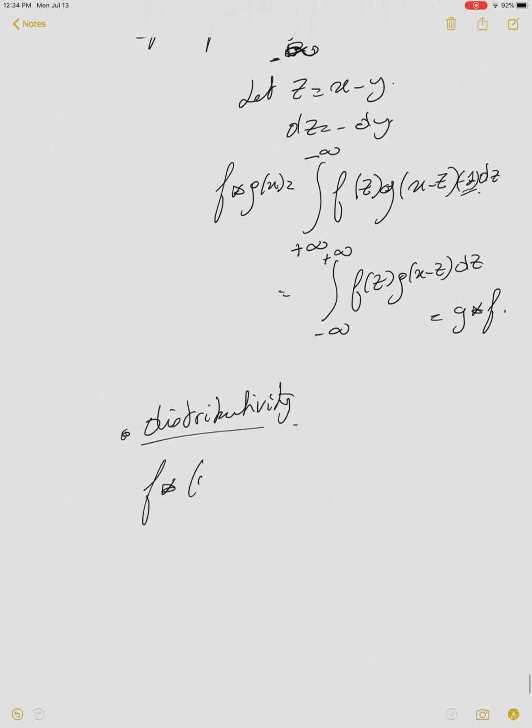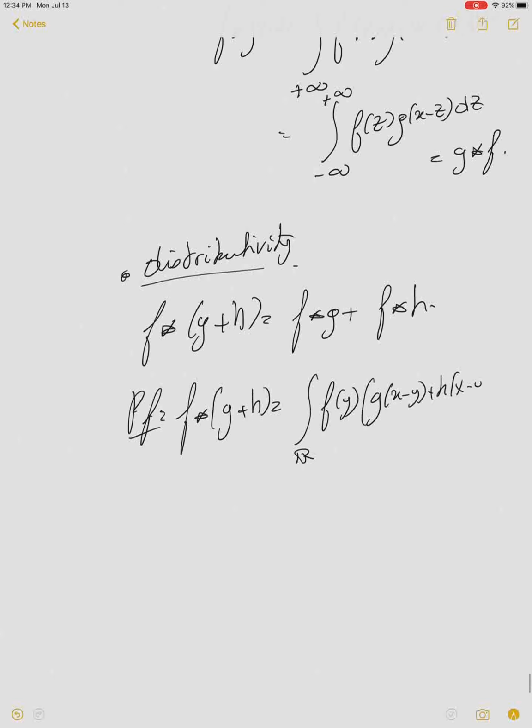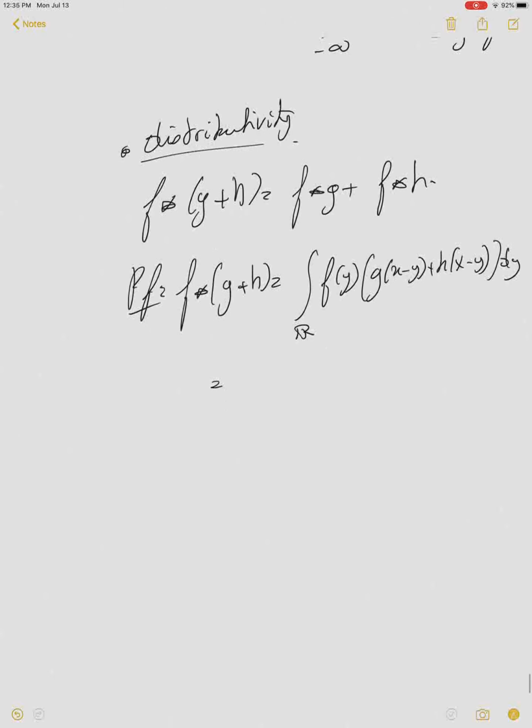Distributivity: f convolved with (g plus h) equals f convolved with g plus f convolved with h. And the proof here is really straightforward. So f convolved with (g plus h) is equal to the integral over R of f of y times (g of x minus y plus h of x minus y) dy, assuming all functions are L1.